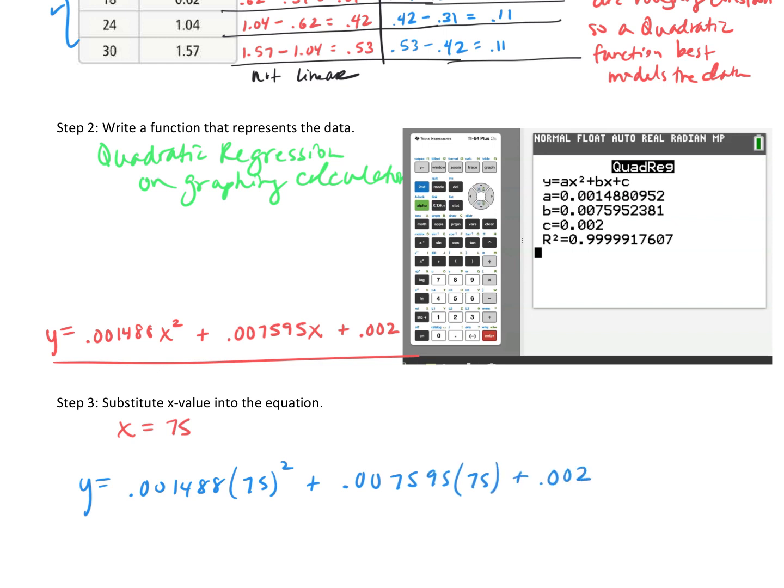We grab our calculators and type that in very carefully, and we get 8.94. So what that tells us is that it will cost about $8.94 to wrap the picture.